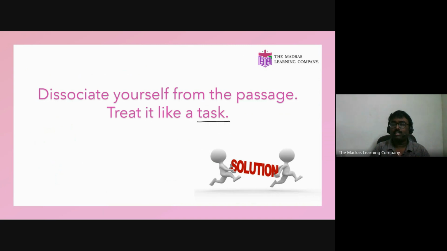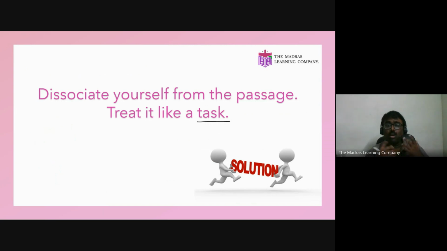You have an RC passage, your brain has to start thinking, okay, this is the task, this is the step-by-step approach that we discussed in class. That's what I'm going to do. I'm not going to do anything else apart from this. Take a step back and cut yourself away from the passage. That's going to always help you. The moment you start investing in emotions, it's all going to go for a toss. That's the first tip I can give you as far as this class is concerned.